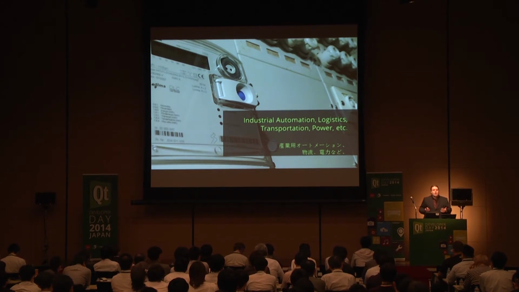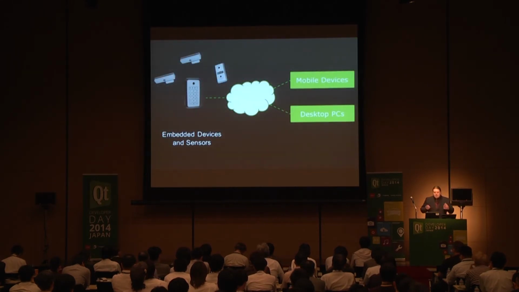Or for industrial automation, you can control a whole factory and everything inside it anywhere in the world if it's connected through Internet of Things. If we simplify the concept, it's really simple. It's just embedded devices and sensors with unique identifiers being accessible anywhere over a cloud from any kind of devices.